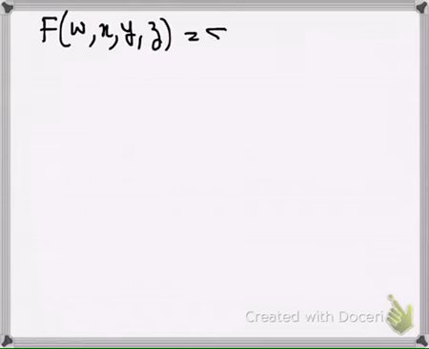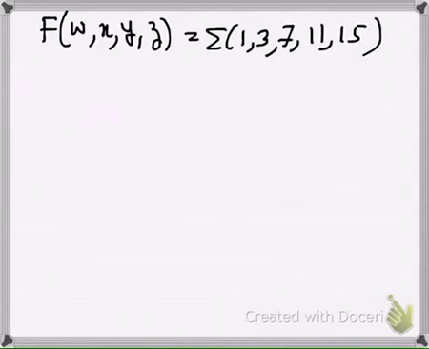So let us take a function which is given to us. We have a Boolean function f, which is an incompletely specified function, on the variables w, x, y and z. The minterms are given as 1, 3, 7, 11 and 15. So it means that out of 16 combinations for f, the values which are 1 are 1, 3, 7, 11 and 15.